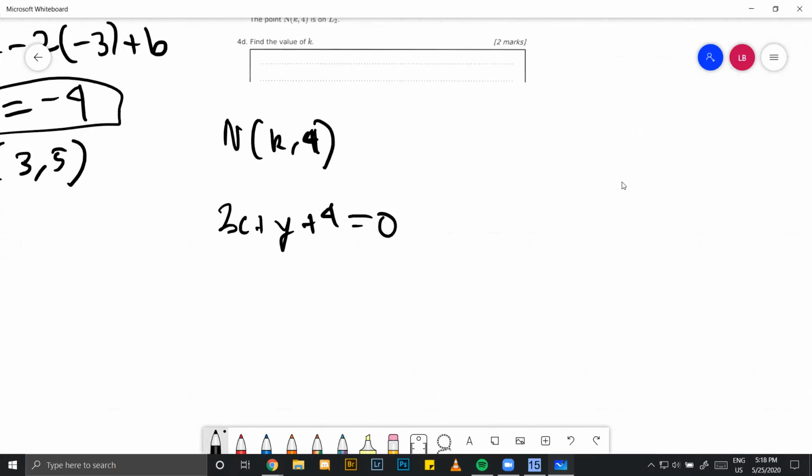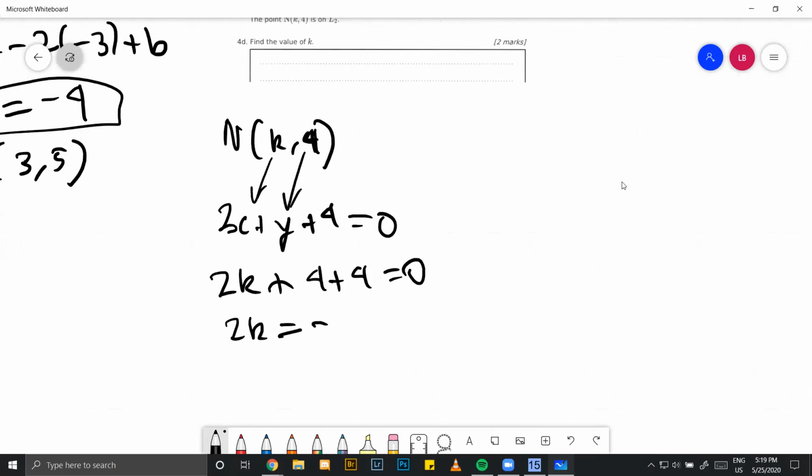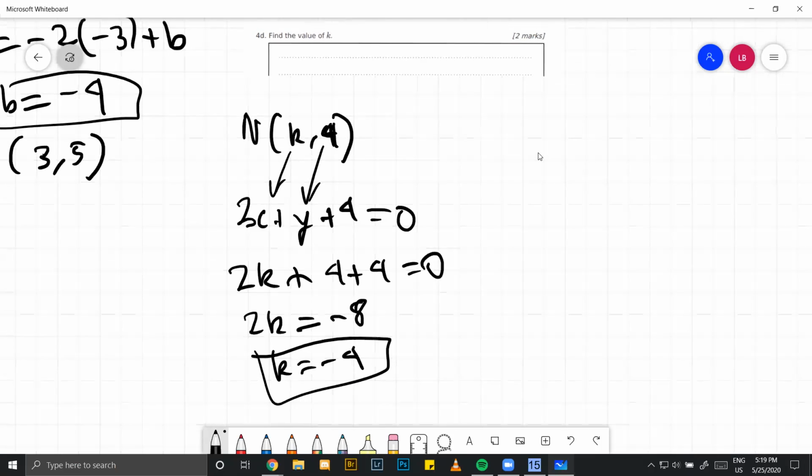K is the x coordinate, so let's plug k in for x, and 4 is the y coordinate, so we put 4 in for y. So we get 2k plus 4 plus 4 is equal to 0. Solve for k: 2k is equal to -8, so k is equal to -4. And that's our answer for k. That's how you find the value of k. Quick substitution.